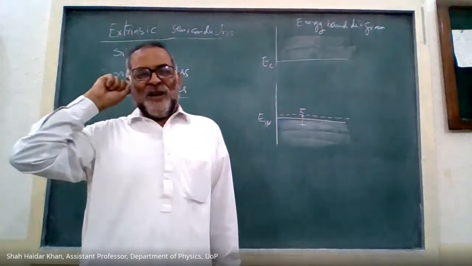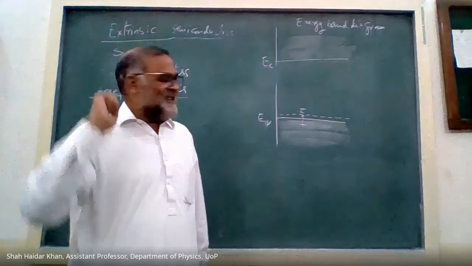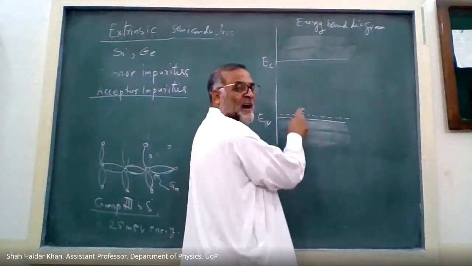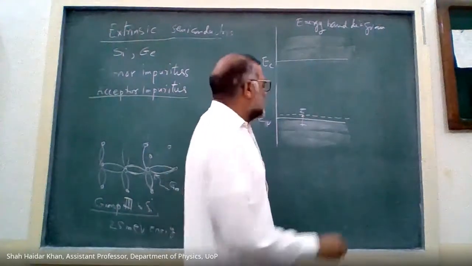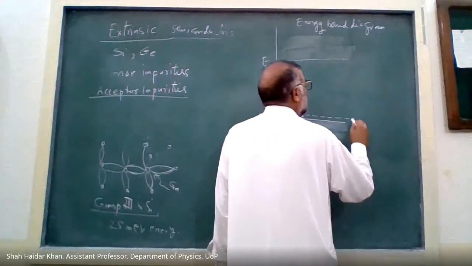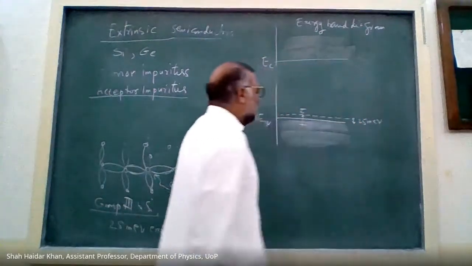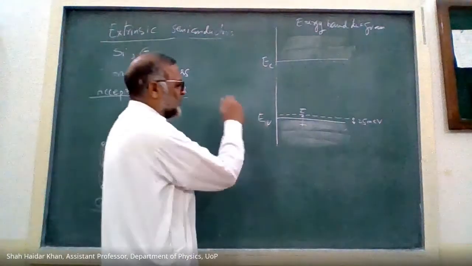We call this ionization of the hole, right? So a hole will be created, and ionization will be produced: a positive charge and a negative charge. This ionization energy is again about 25 MeV for the acceptor impurities.